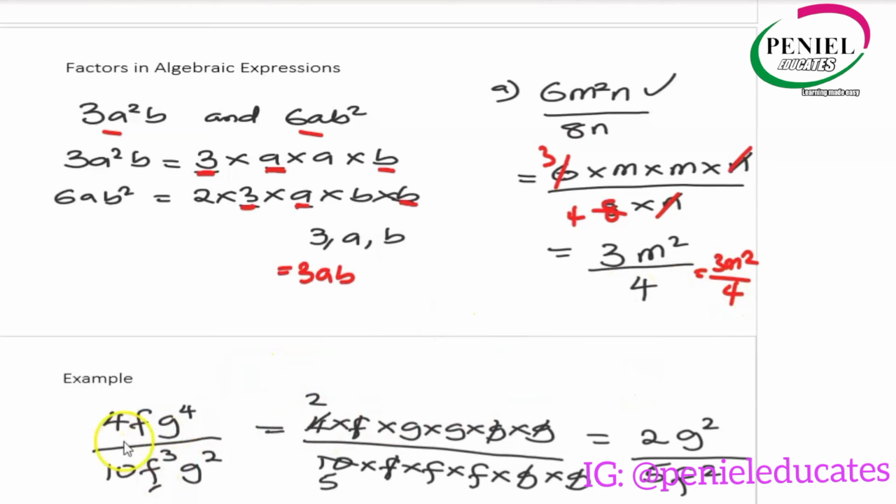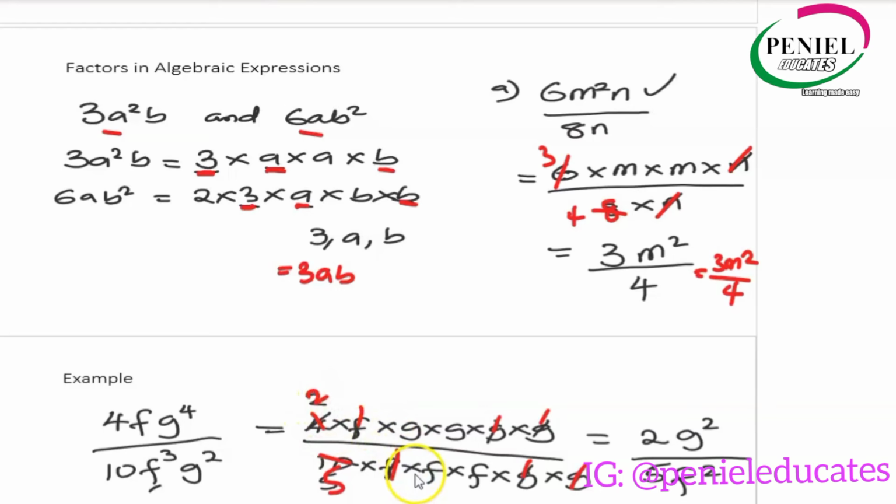All right, the same thing goes with this. We have 4f and we have g4, then 10, 2f, 3f's, that's 5 cubed. Then we have g squared, that is 2g. So we can cancel 2g here. We have 1f, cancel 1f here. 2 can go here 5 and 2 can go in 4 2.